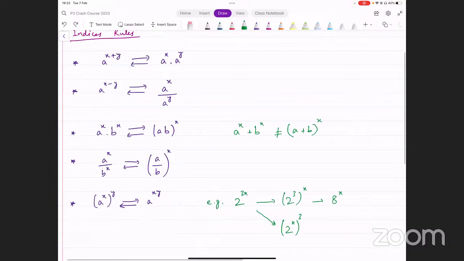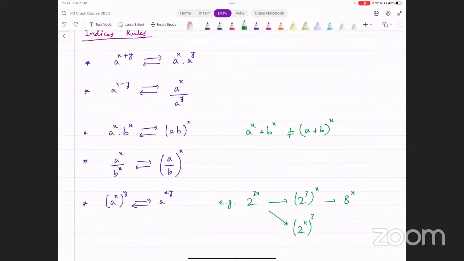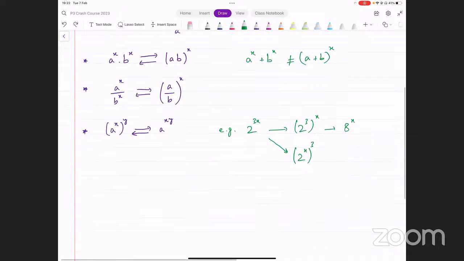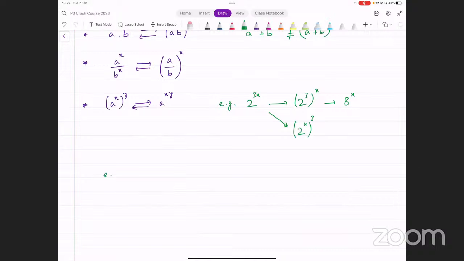Okay. So these are some indices rules that you should keep in mind, which are going to be helpful when you use logarithms. Some other examples of this could be if you have 5 raised to power x plus 2, this can be written as 5 raised to power x into 5 raised to power 2.